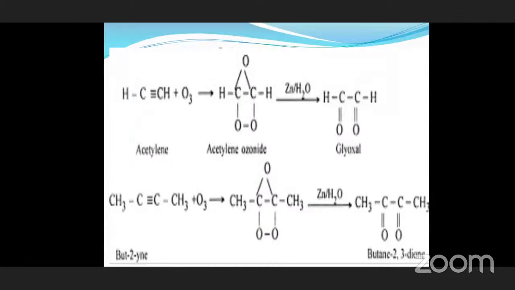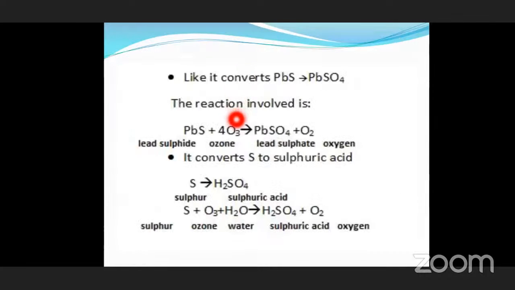Then here are some more chemical reactions of ozone. When PbS is reacted with ozone, it forms PbSO4 as well as oxygen. That means lead sulfide reacts with ozone to form lead sulfate plus oxygen.